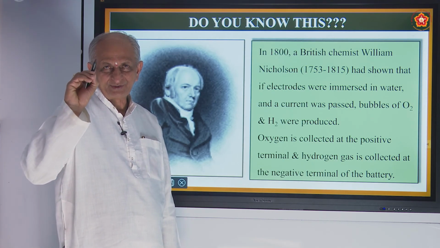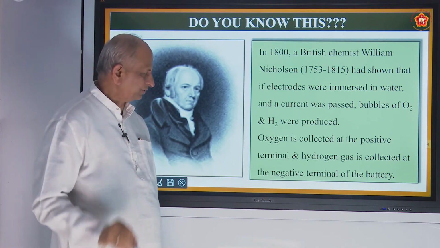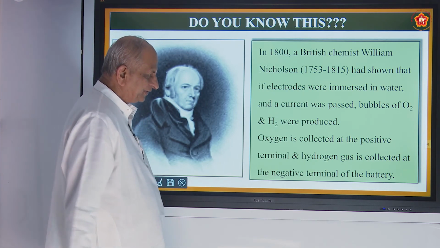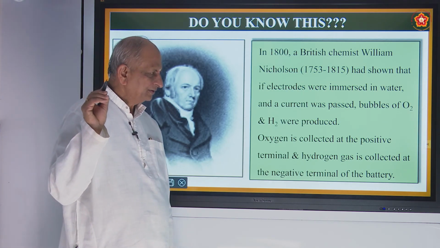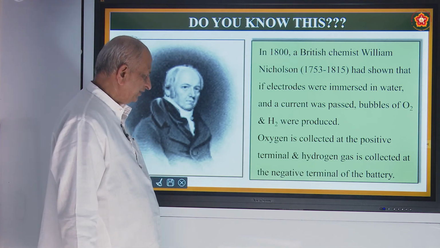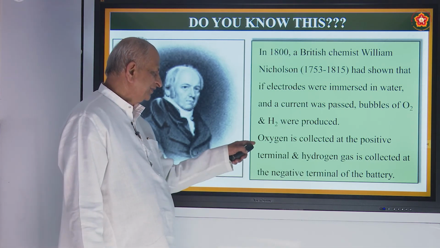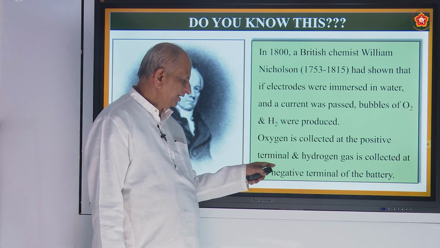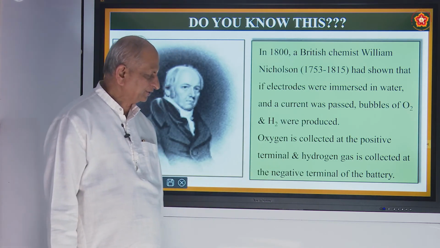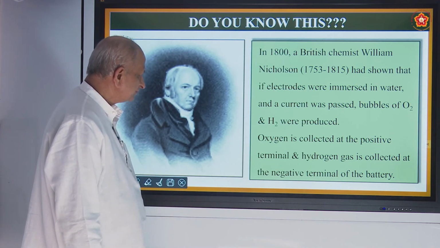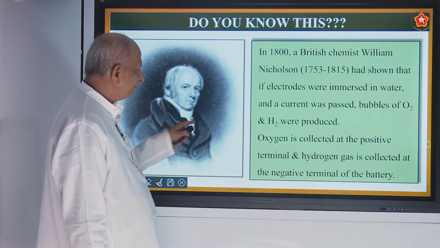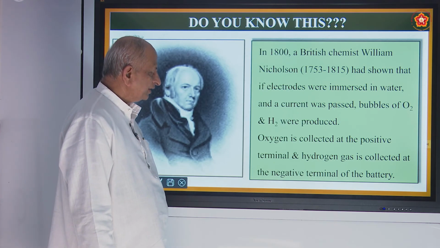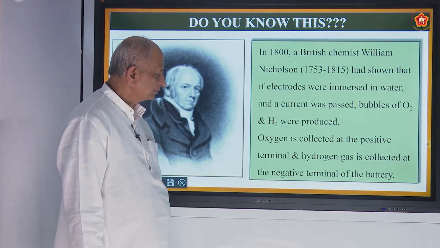You have to add some salt or some acid to the water. Why? Because water is a poor conductor of electricity. Oxygen is collected at the positive terminal and hydrogen is collected at the negative terminal, that is the cathode. So this is William Nicholson. In the year 1800 he found this out.